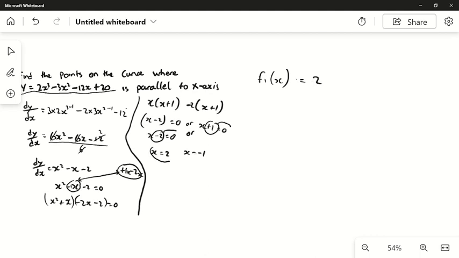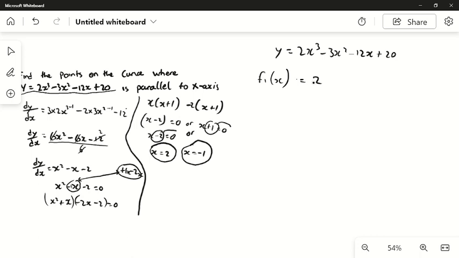Let's take this first one, then we take this one. So substitute x for 2 in this expression.